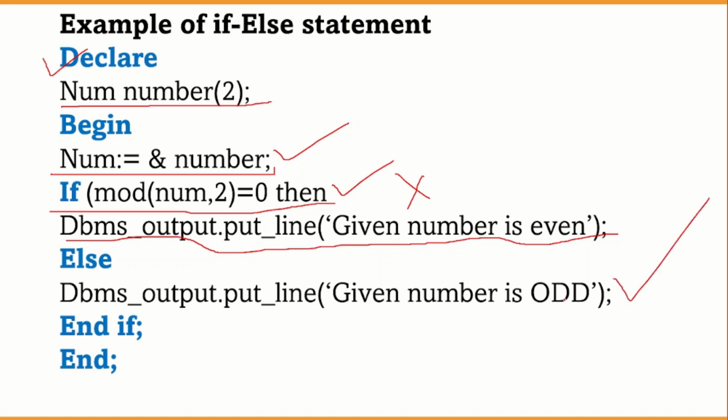Means for one condition there are two options. If the condition is true, then the first statement will go as output, otherwise the second statement will go as output. So this is if, else, and end if, and this is the end of the begin statement. I hope you are able to understand the use of if else statement.